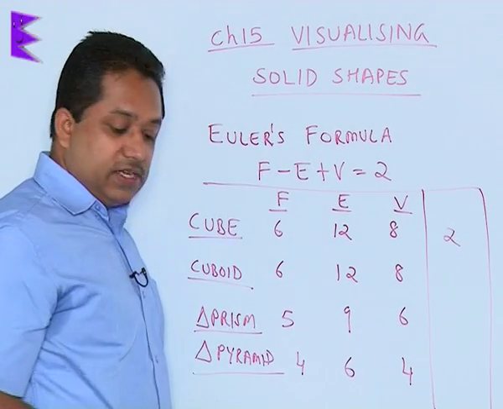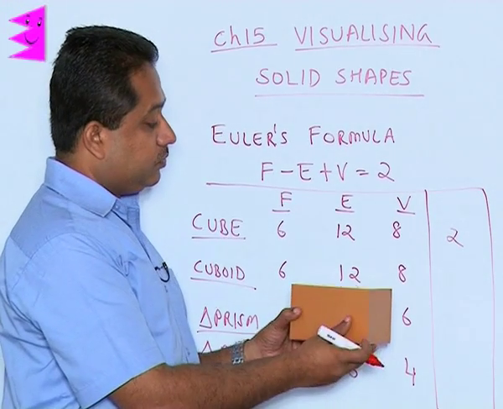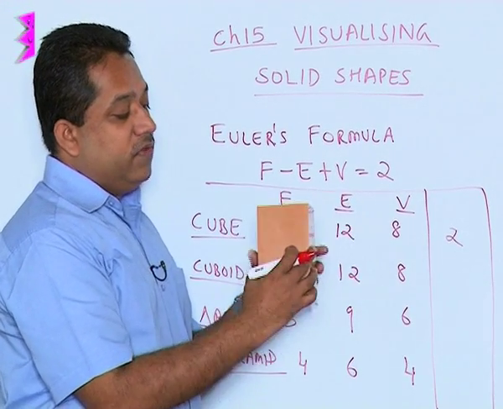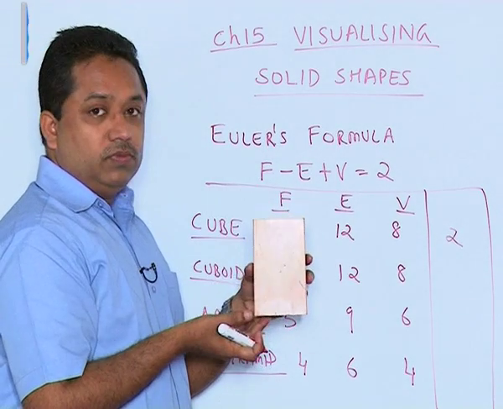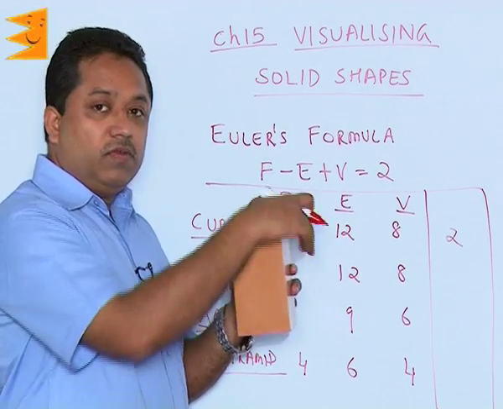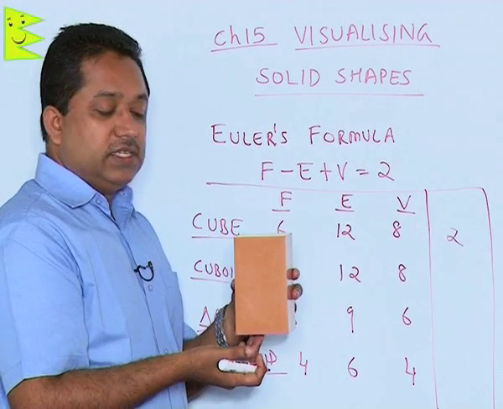If you look at the next figure, that is a cuboid. In a cuboid also, we have 6 faces, that is 2 and then 4, so 4 plus 2 we are having 6.